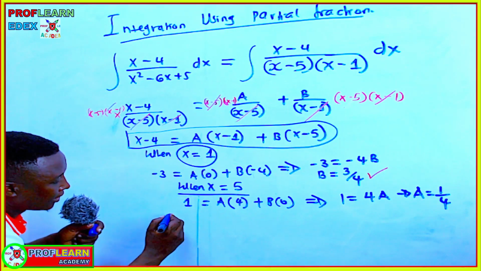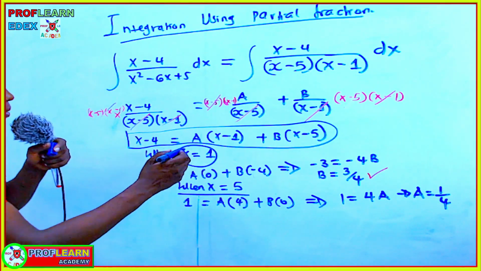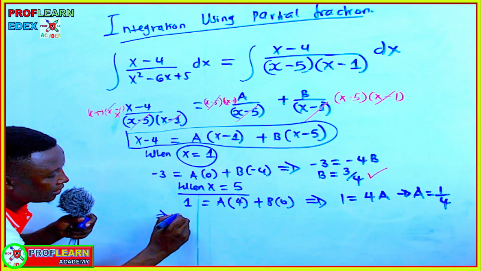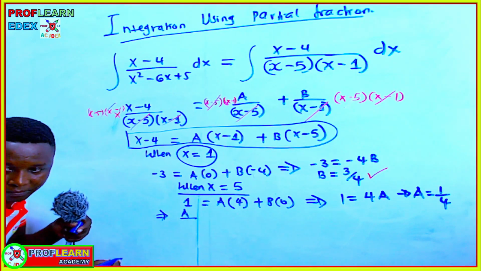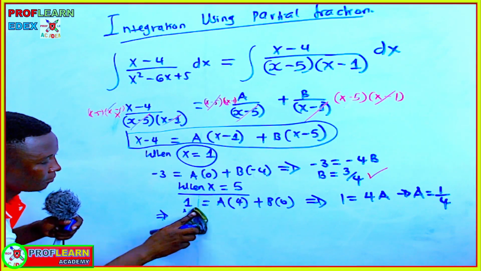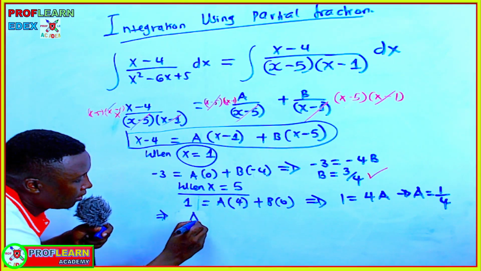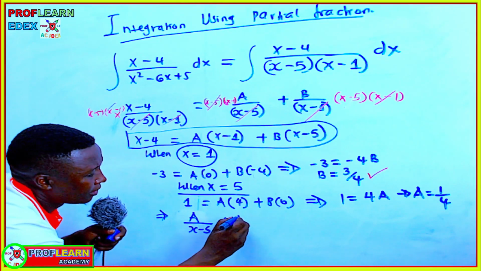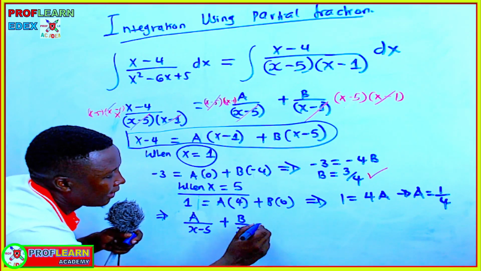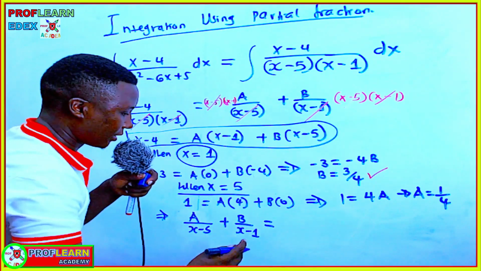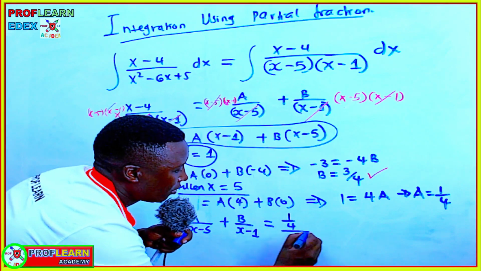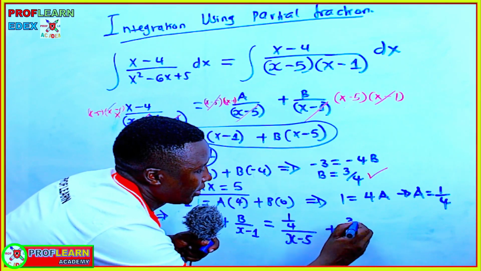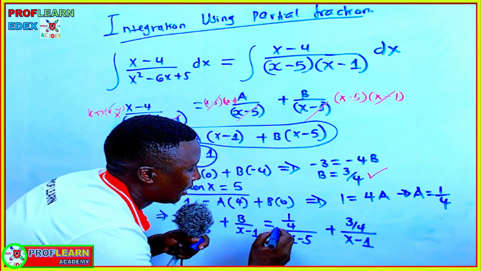Remember our partial fractions are a over x minus 5 plus b over x minus 1, which can be written as 1 over 4 over x minus 5, plus 3 over 4 over x minus 1, like that, right?